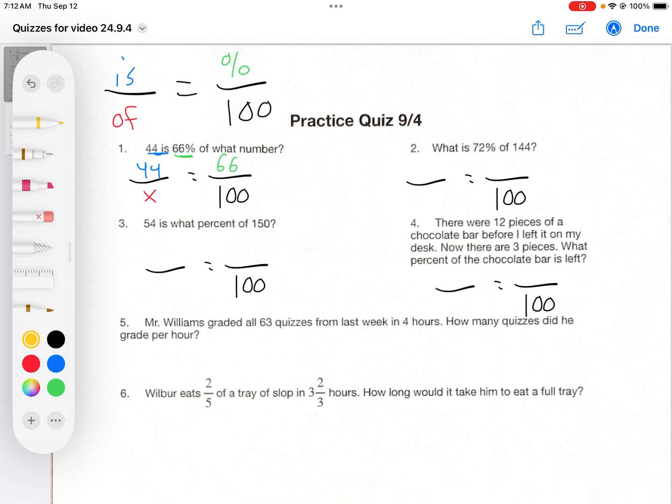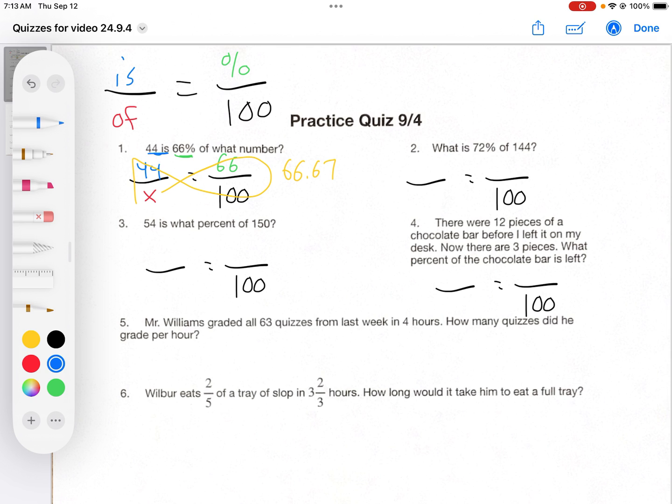So that is how I need to set that proportion up. 44 goes in the is spot, 66 goes in the percent spot, and we do not know our of number. And my fish will be 44 times 100 divided by 66. You will get 66.67 as an answer for that one.